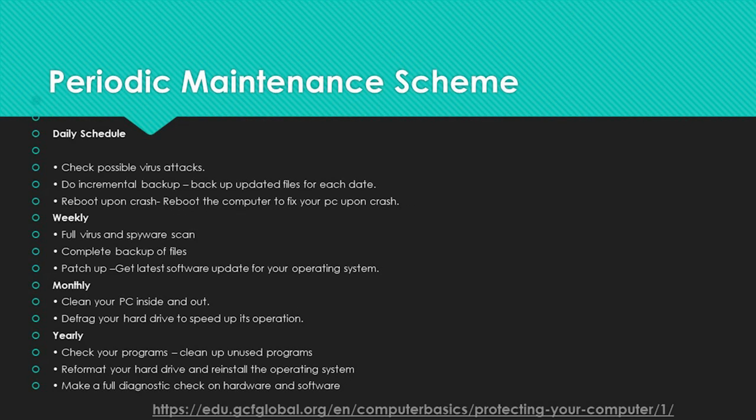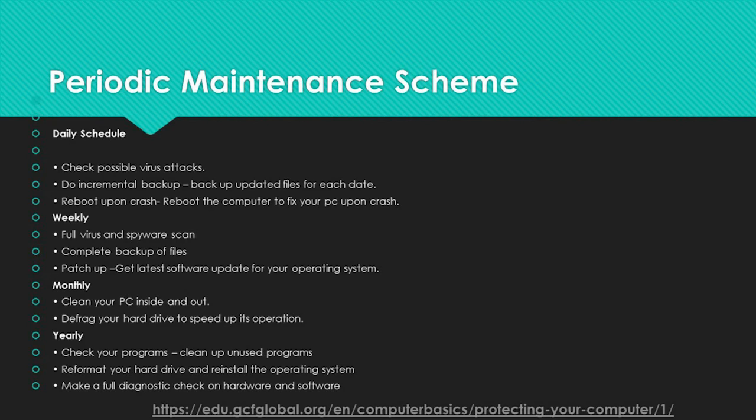So we have the periodic maintenance scheme. So how do we maintain our computer system? We could have a daily schedule, a weekly schedule, a monthly schedule, and a yearly schedule. So we have examples of maintaining our computer system on a daily basis.